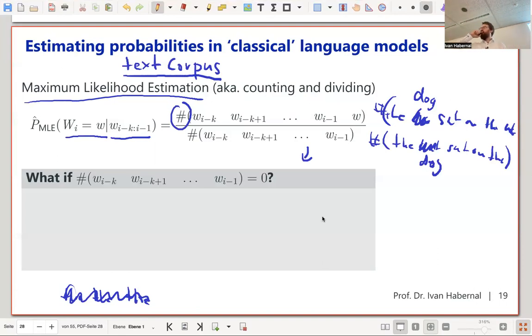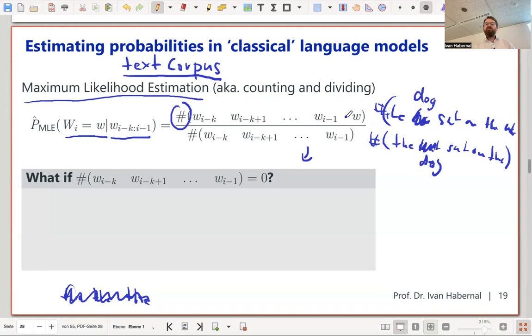Question: if I don't have this sentence, where did I get the sentence on top? The second one is a subset of the first one. Oh yeah, that's true. If you don't see this, you don't see this.